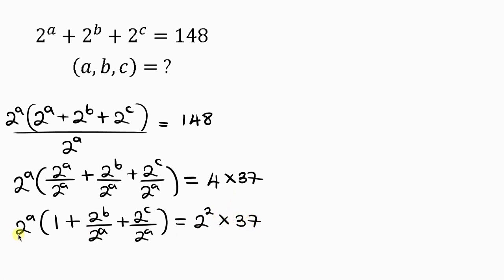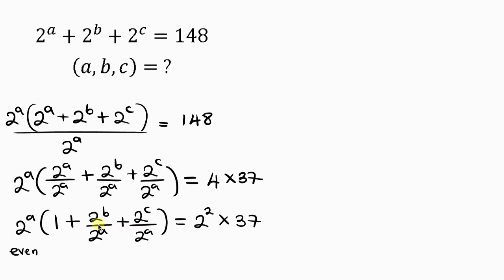Now notice that 2 is an even number, so whatever power we raise it to, we are still going to have an even number. So we can say that 2 to the A is even. Now 2 to the B divided by 2 to the A will give an even number, and 2 to the C divided by 2 to the A will also give an even number.